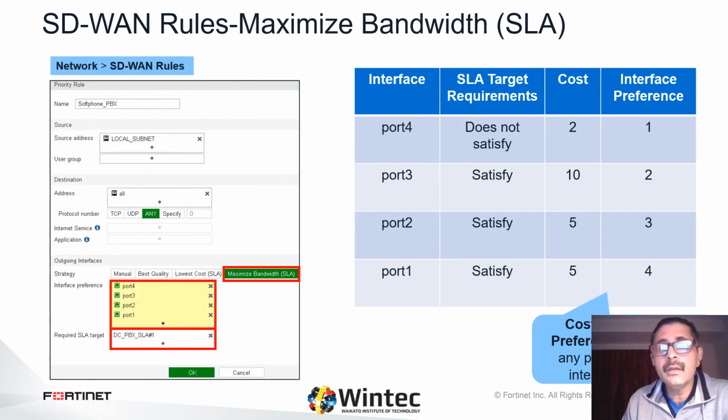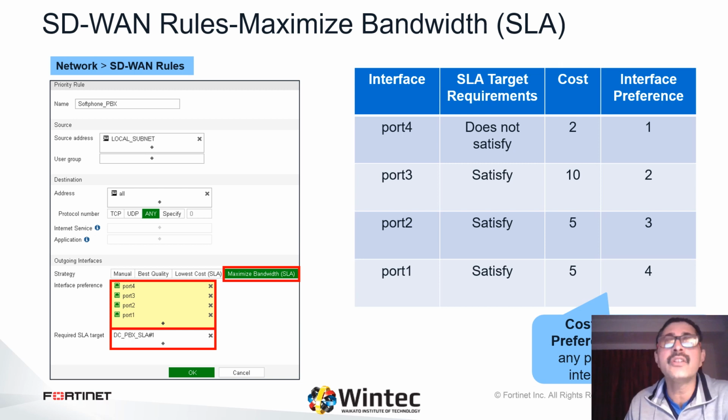Now, the final SD-WAN rule option is maximize bandwidth SLA, and this feature introduces a new load balance mode for the SD-WAN rule. If traffic matches the rule specifications, the traffic will be load balanced among the selected members which satisfy the SLA specification. If there are multiple SLA criteria, traffic will only be load balanced to the members satisfying the most SLA criteria.